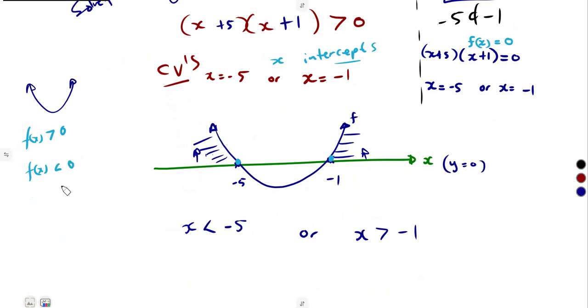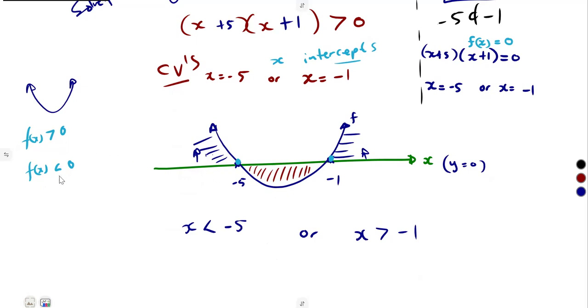If it was below, then it is f of x less than 0, where your solutions will be below the x-axis. That is the condition. What is important there are the x-intercepts. Then you compare with the x-axis to see what you're having.